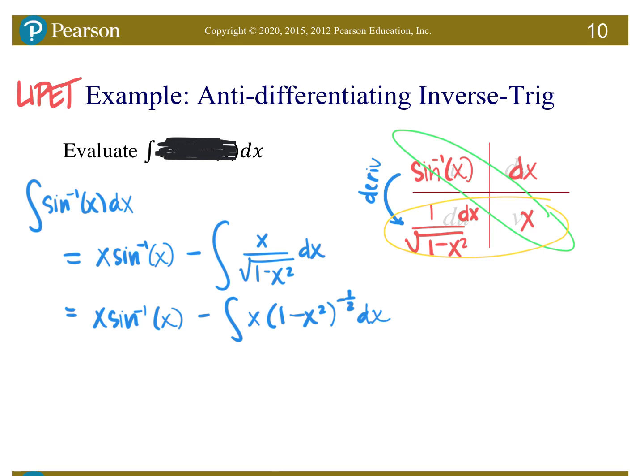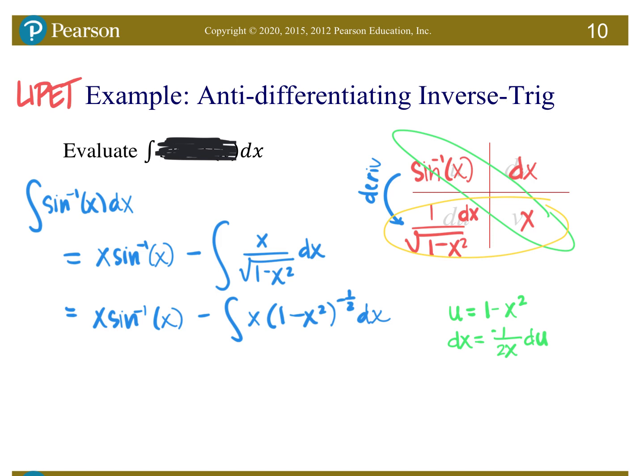So the traditional u substitution would say, what would you pick for u? 1 minus x squared. And then du dx is negative 2x. So we work out all the cross multiplication and all that. So I'm just going to do all that. So dx by itself is negative 1 over 2x du.